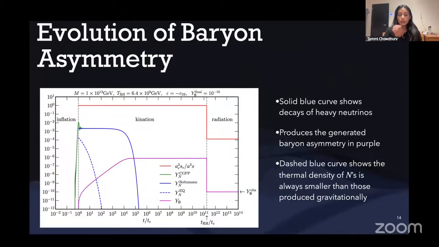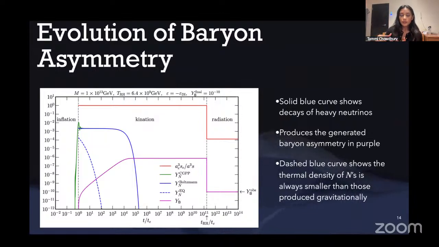To describe the evolution of these fields, in green we're showing the cosmological particle production of the right-handed neutrinos. There's a stark increase, they oscillate, and then they stabilize to some value. This is then shown in blue: the decays of these right-handed neutrinos, which decay once inflation ends, and we're in the phase of kination now.